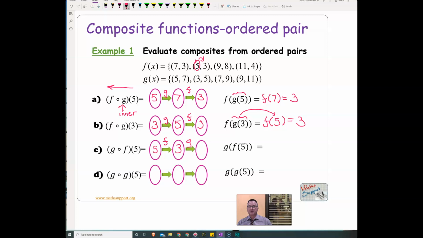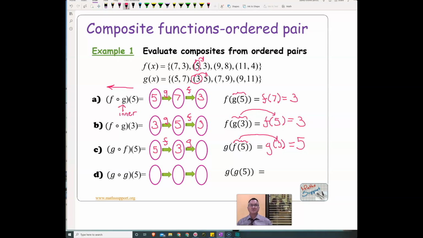So I'm going to put a 3 right here. So this part becomes a 3. I take that out and I replace it with 3. And then I go up here and figure out if 3 is the input for g, then its output is 5.